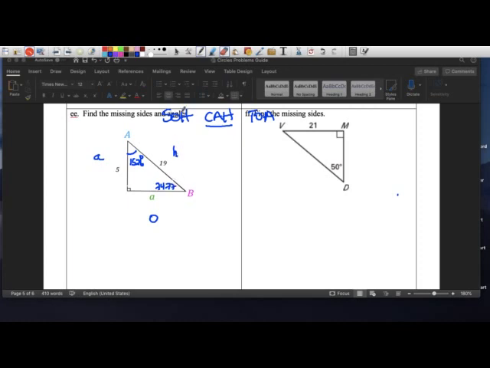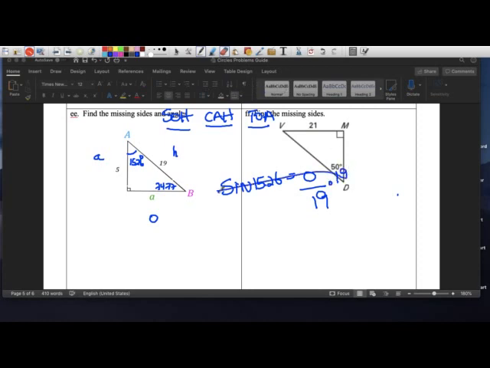So let's use everything in terms of this angle, 15.26. How do I find the opposite side of that? To find the opposite, I can use SOH or I can use TOA. Sine of 15.26 equals the opposite, which I don't know yet, over the hypotenuse, which is 19.